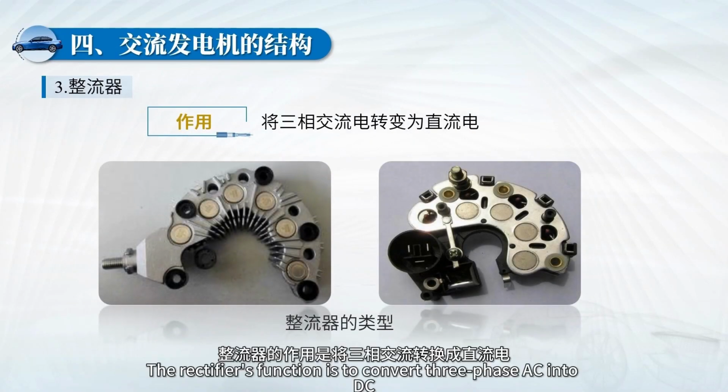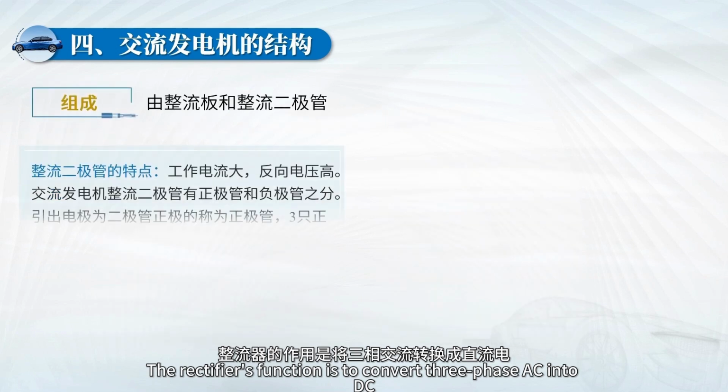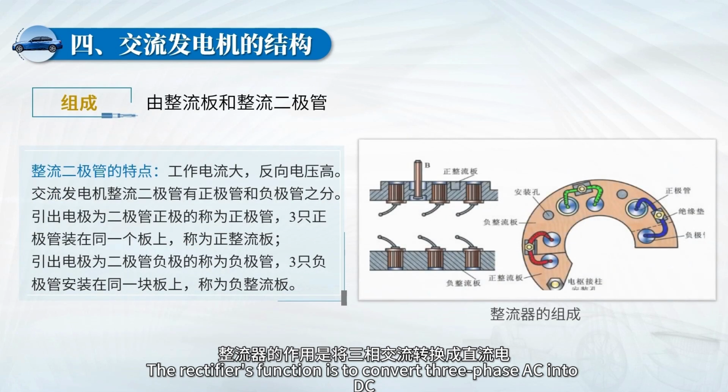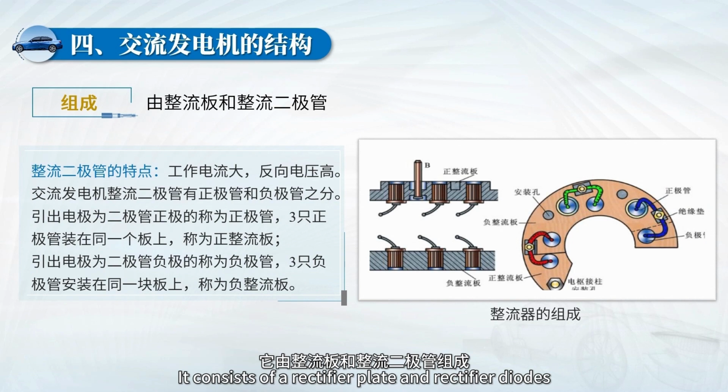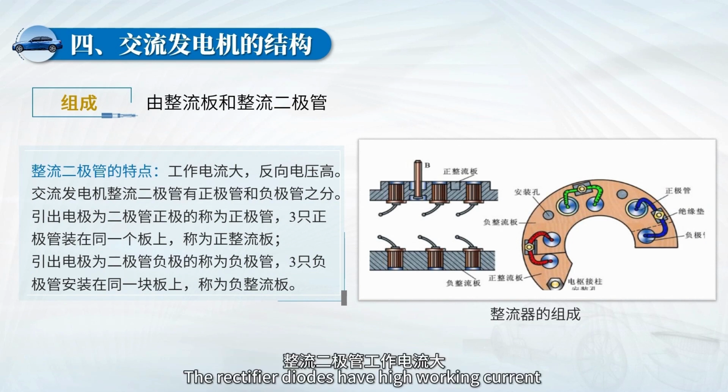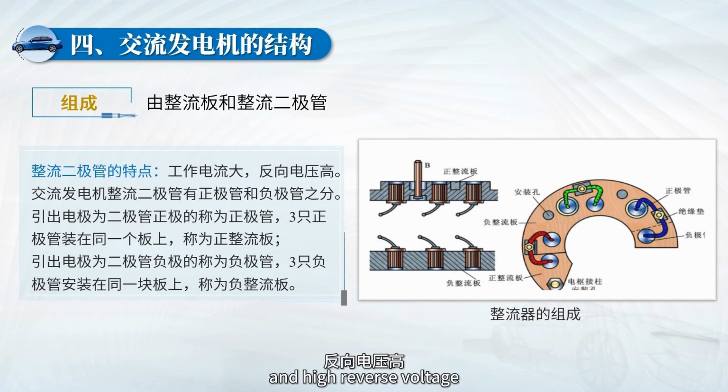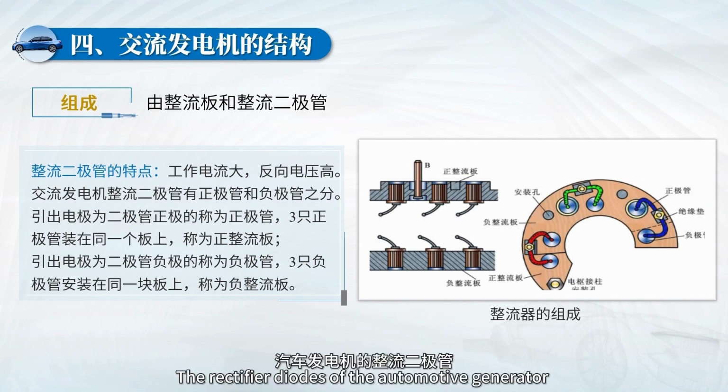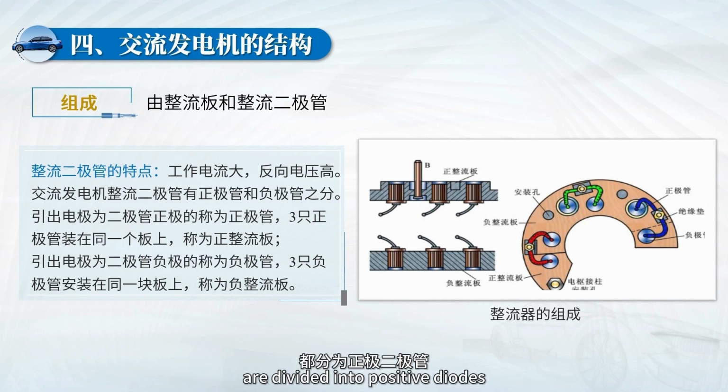The rectifier's function is to convert three-phase AC into DC. It consists of a rectifier plate and rectifier diodes. The rectifier diodes have high working current and high reverse voltage. The rectifier diodes of the automotive generator are divided into positive diodes and negative diodes.